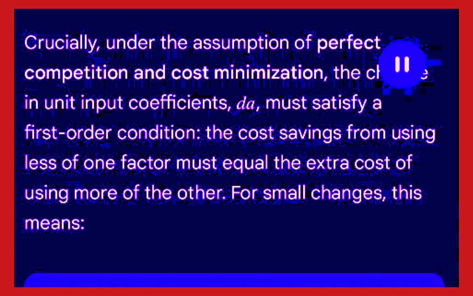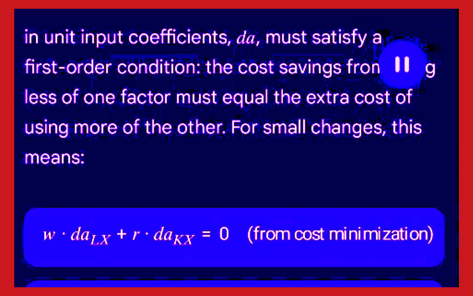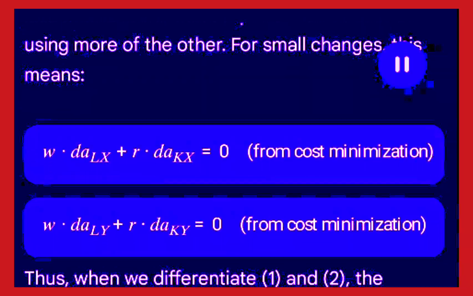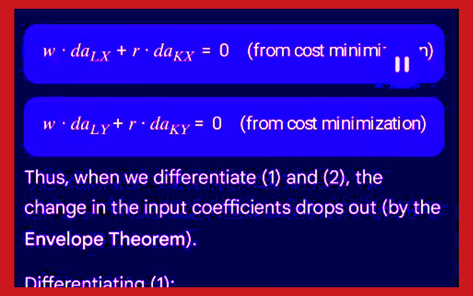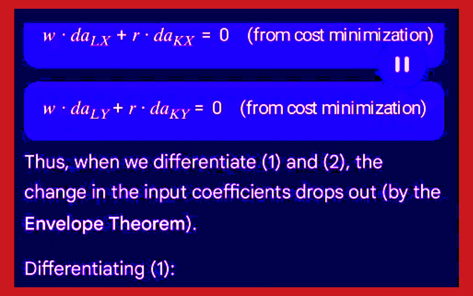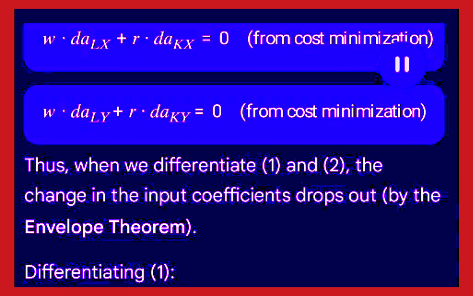The cost savings from using less of one factor must equal the extra cost of using more of the other. For small changes, this means the following. Thus, when we differentiate 1 and 2, the change in the input coefficients drops out by the envelope theorem.